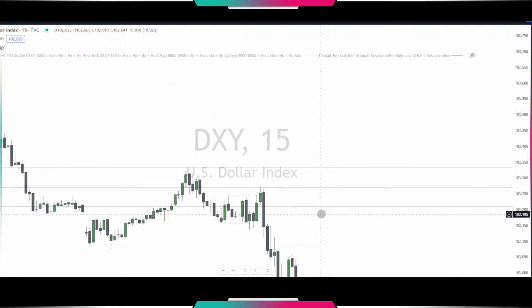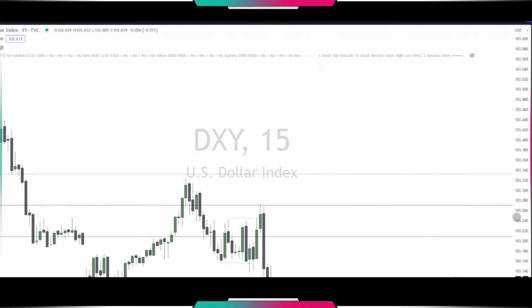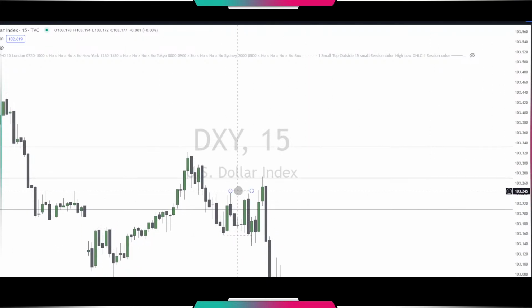So price was rejecting from this higher time frame breaker, and also it made a range here. It took the sell side liquidity first and then the buy side liquidity, then slammed into the sell side. What is the reason? Can you think of it? Because the algorithm always makes a range.